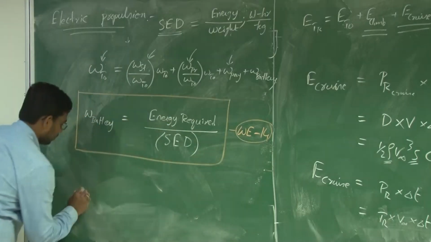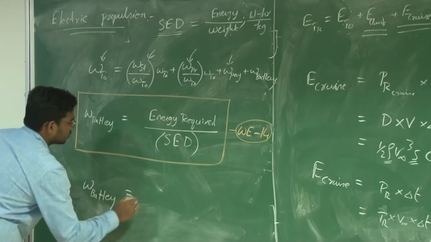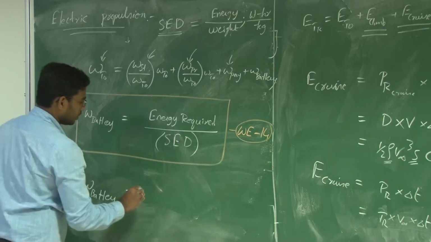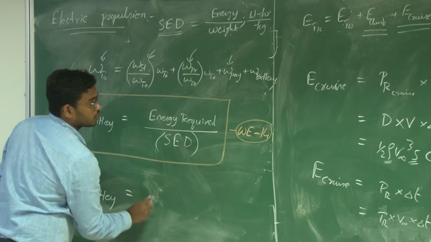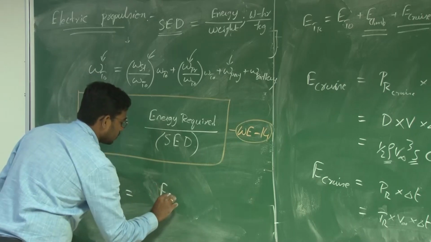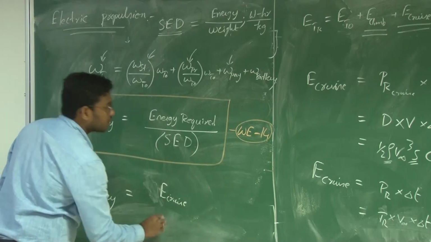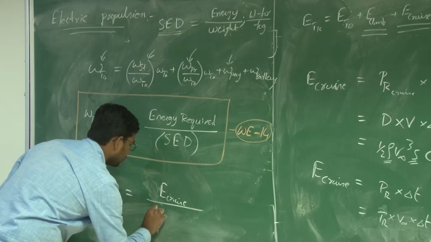So the weight of battery is equal to the energy required divided by the product of the efficiencies eta I, i from 1 to N, into the specific energy density. The energy required we got from E cruise. This is for an initial estimate.